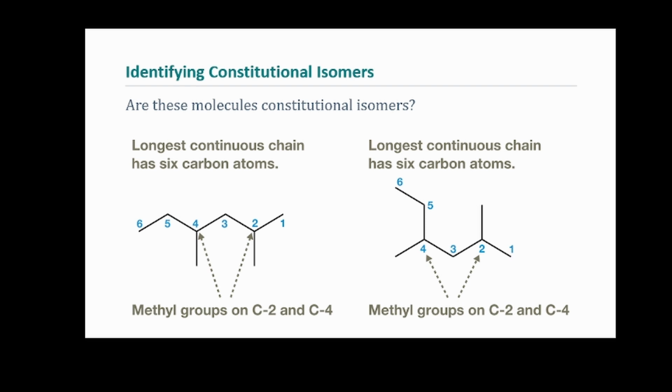So again, these ones right here, we look through this. We do the numbering to give the lowest numbers here, right? And then we do the longest parent chain, and that's that 6-carbon chain, isn't it? It threw everybody off because I put the carbon chain going straight here, and the carbon chain is curved in this one, isn't it? And so your brains went, obviously different. Yeah, different shape.